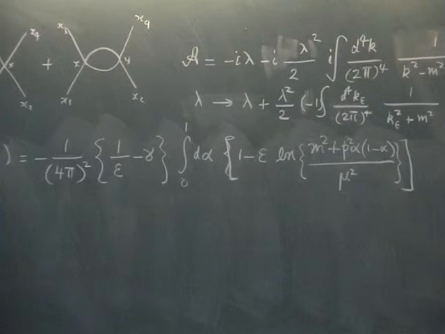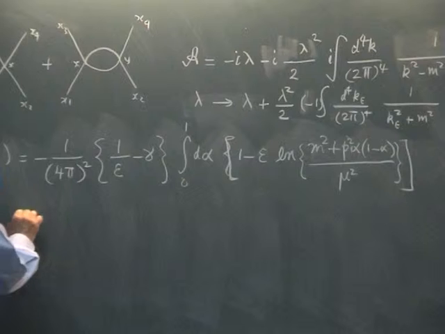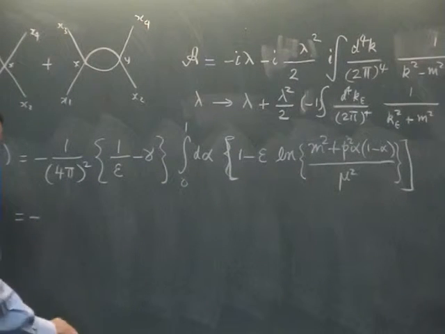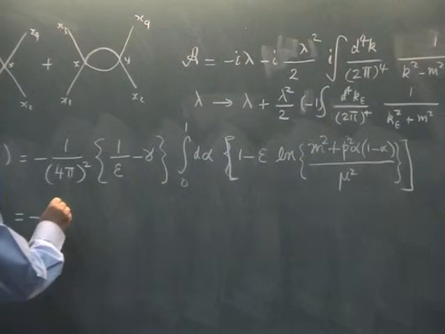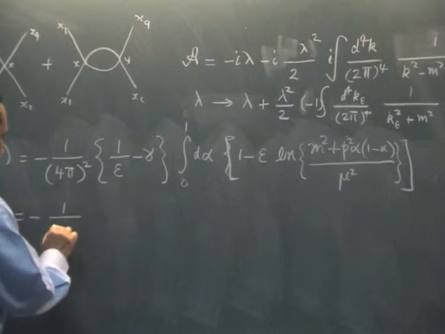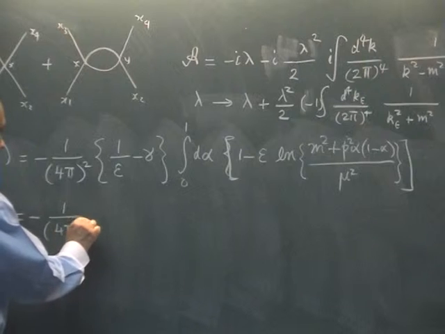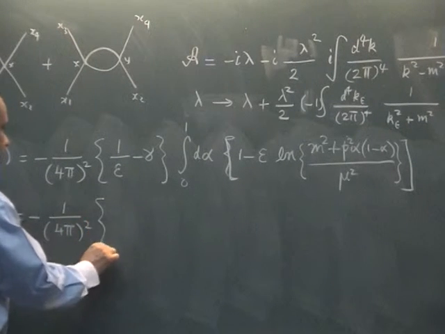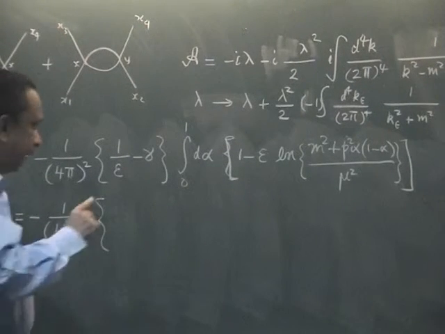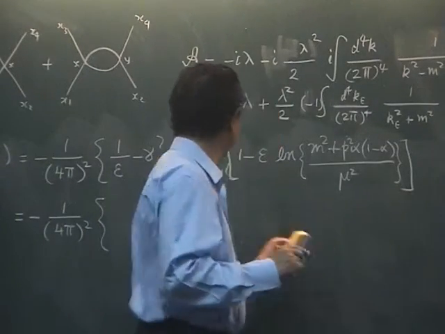Okay. Now let us again separate the divergent and convergent term. So I have minus 1 over 4 pi square. So let us multiply this out. So this integral gives me first 1.